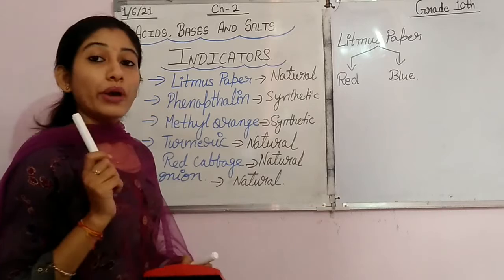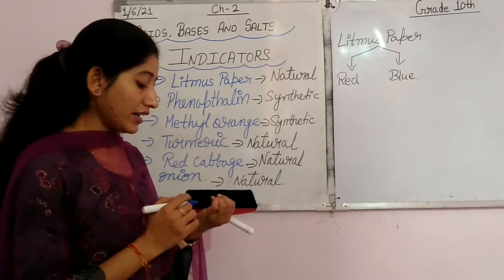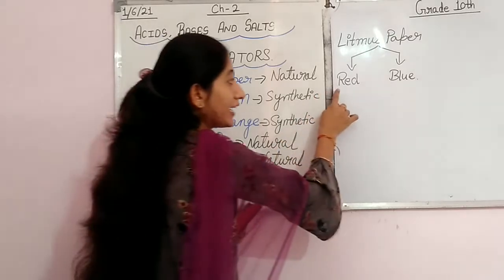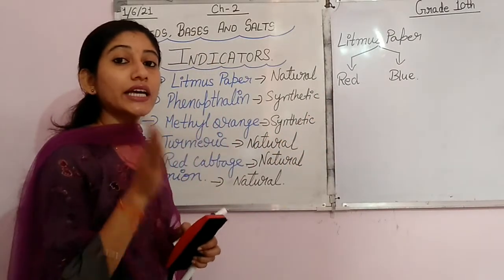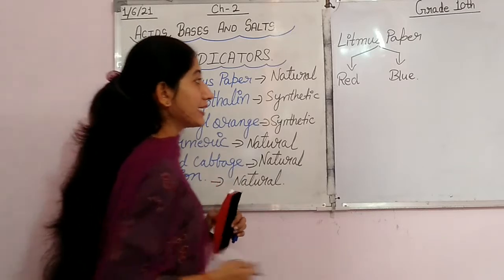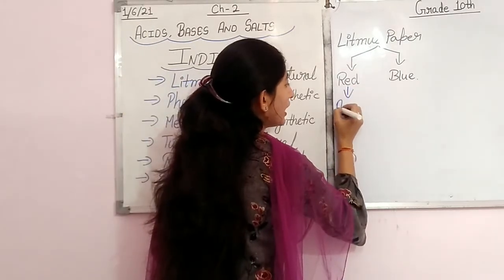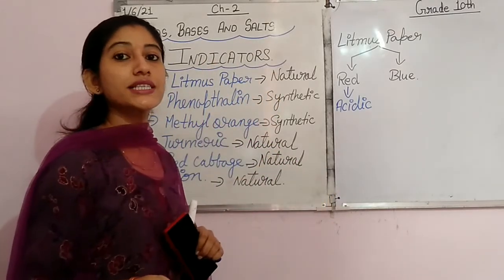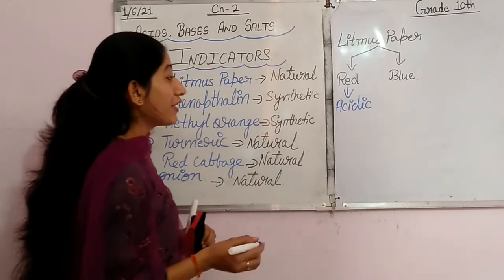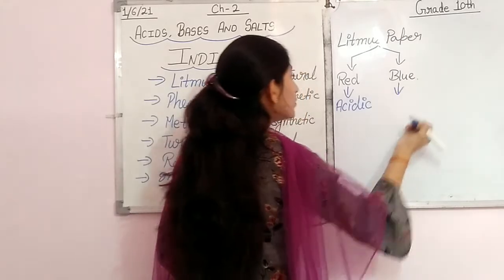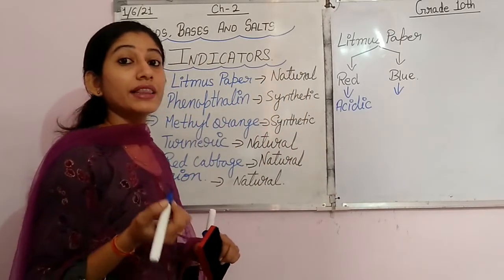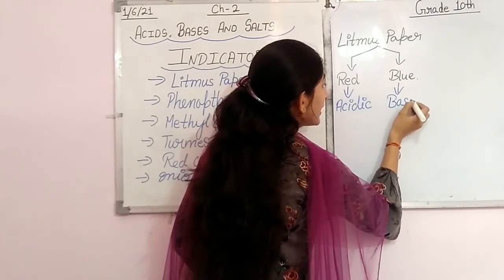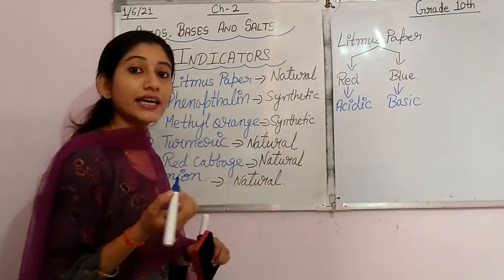Now, whenever we take the litmus solution and it changes into red color, then the given compound is acidic in nature. The red color of the litmus paper shows the acidic nature. Similarly, when we have blue litmus or blue solution of the litmus paper, then we say that it is showing the basic character.